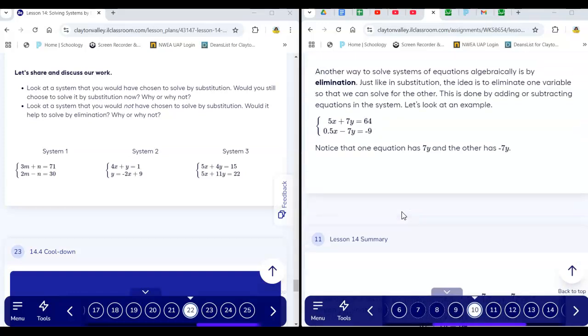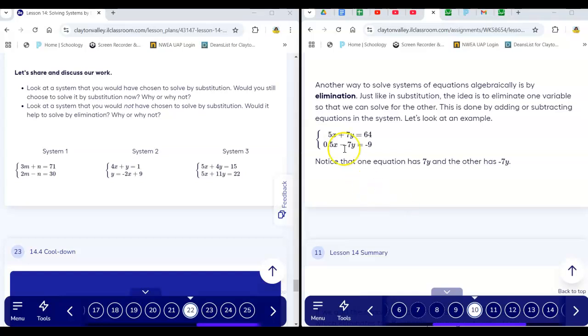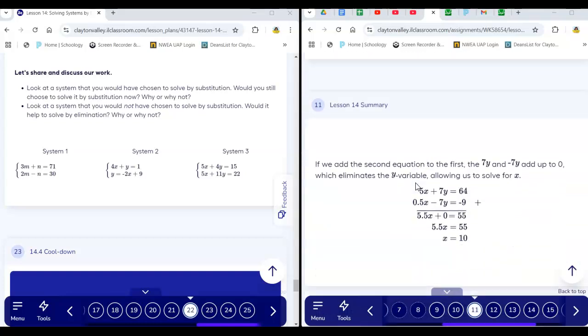Like I said, on the student task statements, they do the same thing in a slightly different way. They just give you the information. They define what elimination is. They point out to you that one equation has a positive 7y, the other has a negative 7y.